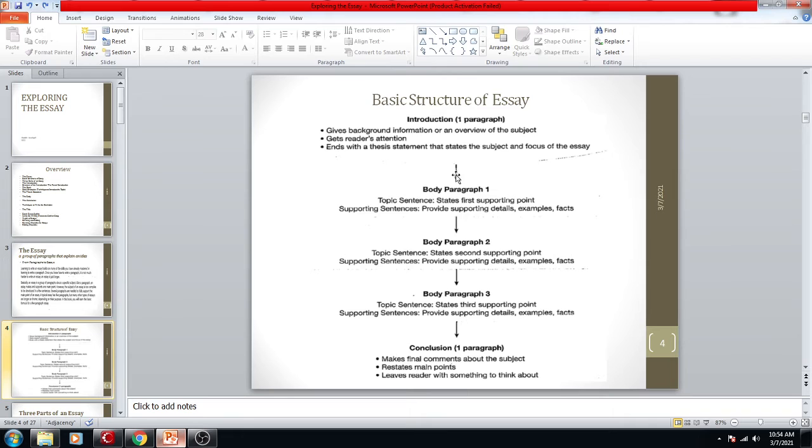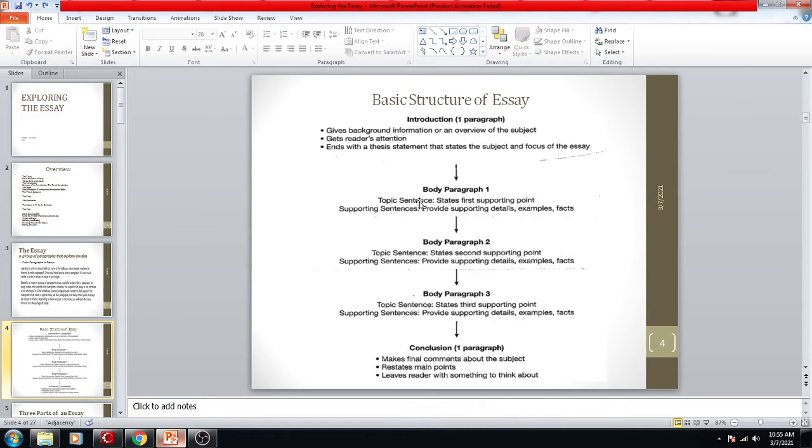Could be 3 typically, could be more or less, and then your concluding paragraph. The introduction gives background information or an overview of the subject and grabs the reader's attention, and ends with the thesis statement, the most important sentence in the whole essay.